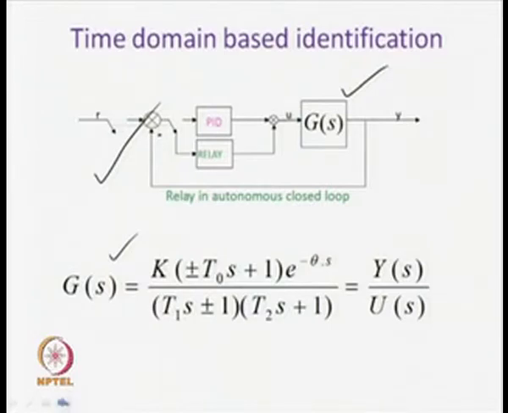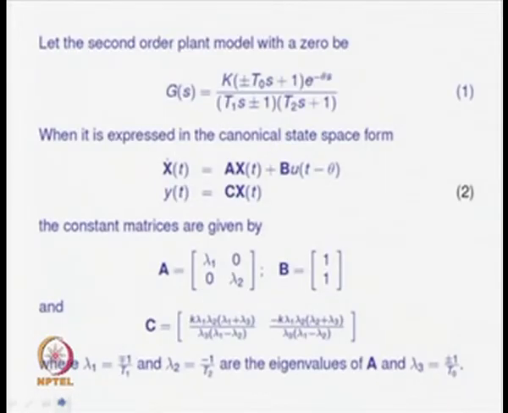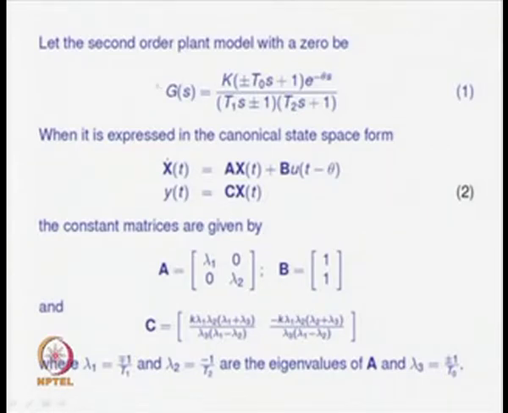Now, to derive a set of analytical expressions, we had to express the transfer function model in state space form, where we got the state equation of the form x dot(t) = A x(t) + B u(t - θ). So, we assume that the delay is there in the input.